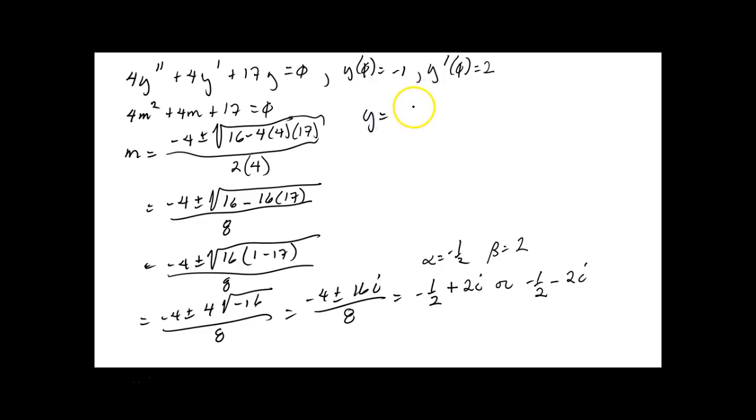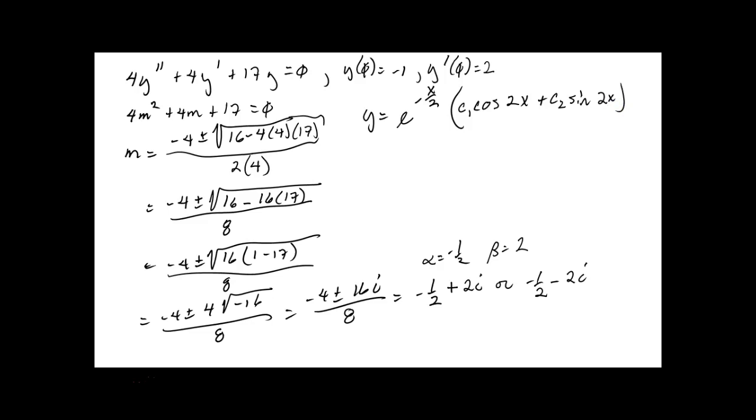Y is equal to, do the alpha first, e to the minus x over 2, times, here's where your C1 comes in, C1 cosine, the beta is 2, so it's 2x plus C2 times the sine of 2x. Pretty straightforward, right?